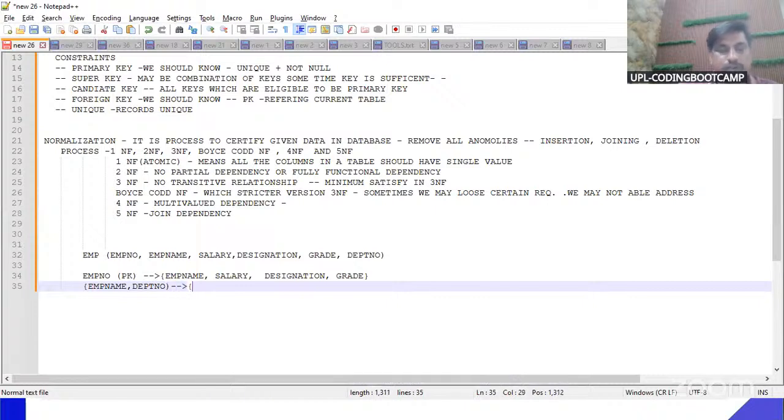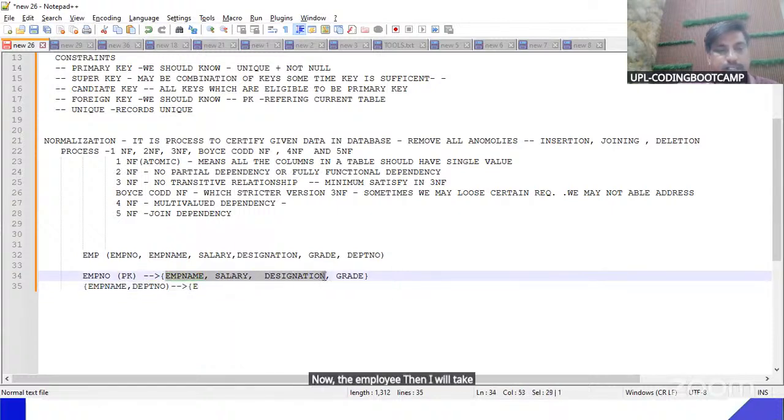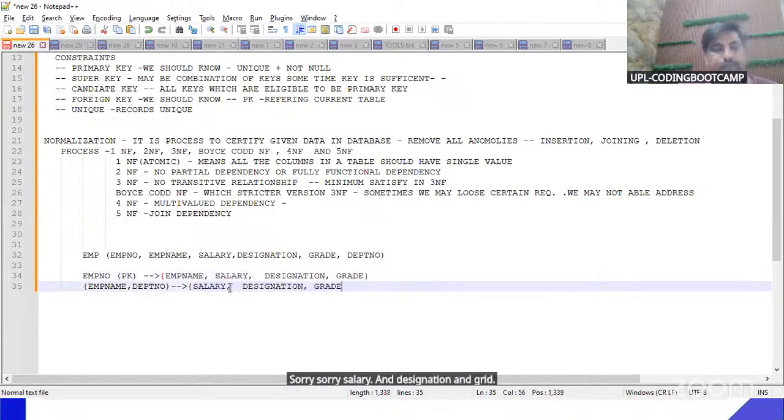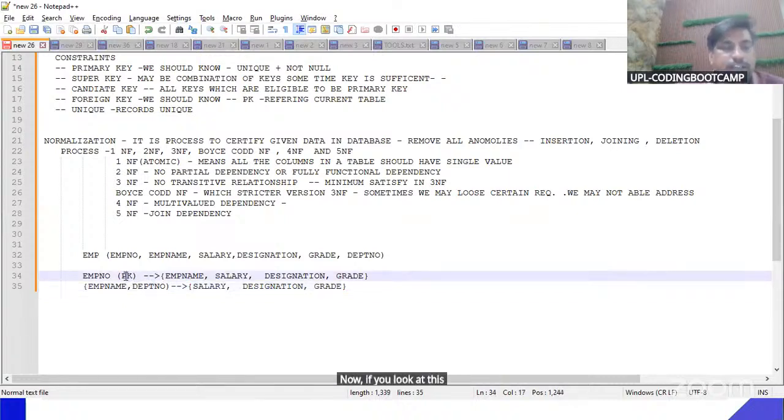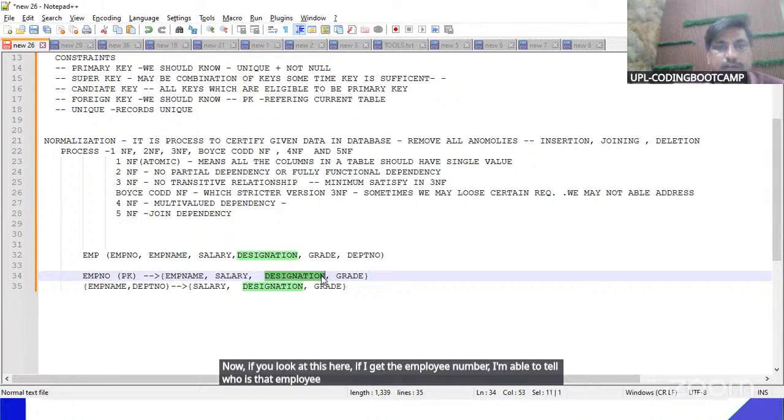Now, employee, then I will take employee name, salary, designation and grade. Now, if you look at this, here, if I get the employee number, I am able to tell who is that employee, what is his salary, what is his designation and grade.